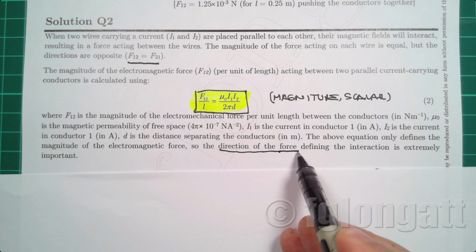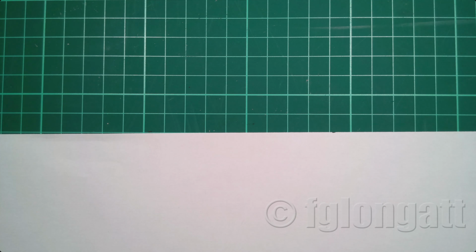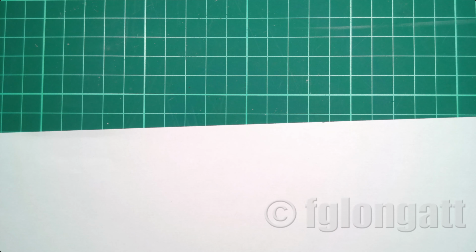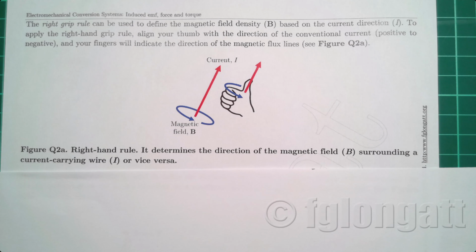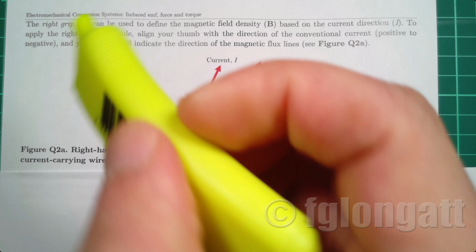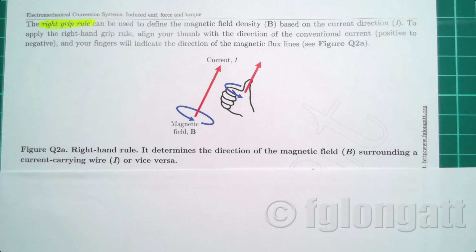The direction of the force is defined by using the hand rule. There are two important hand rules that I already explained very clearly during the classes. The first one that you must remember is the right-hand rule. The right-hand rule for a conductor, because there are several right-hand rules, remember there are several right-hand rules.